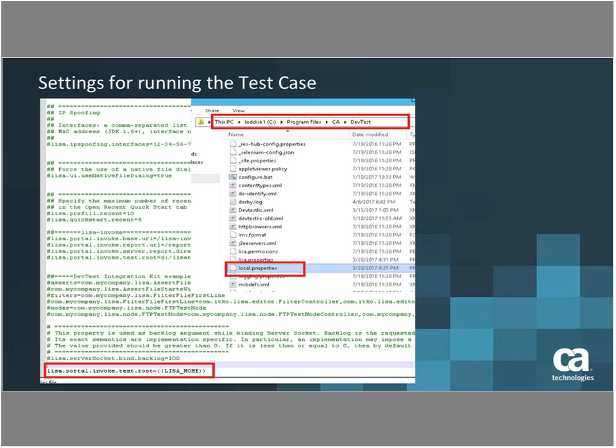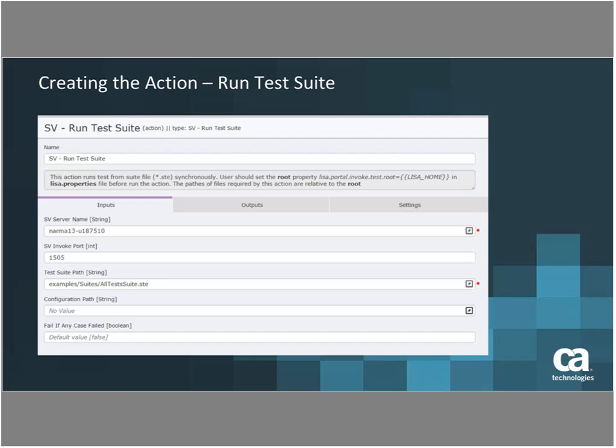It is in the C DevTest installation folder, and you will have to edit the local properties file. When you go to the test case or test suite, it mentions it here. It also gives you Lisa properties or local properties. But the DevTest team advised me that users strongly should not change the Lisa properties.